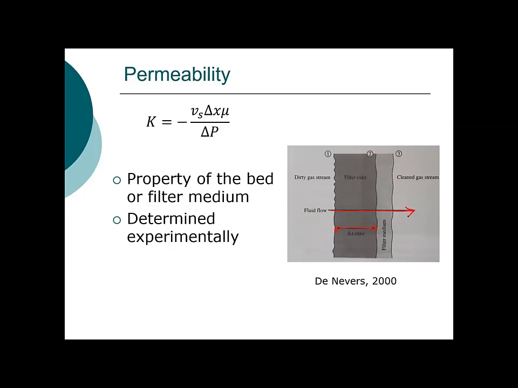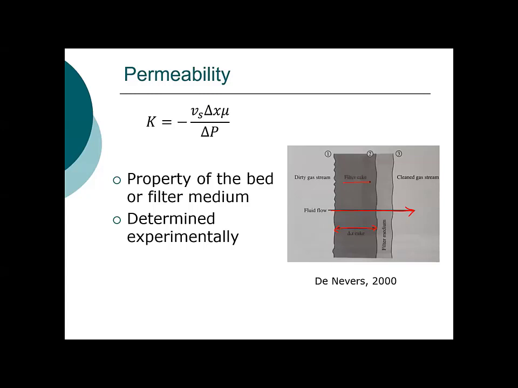So what we form is what is referred to as a filter cake. And it's going to increase in thickness as a function of time or as a function of dust loading onto the filter. At some point, the pressure drop becomes so great that we can no longer get gas to flow through. So at that point, we would shut off the filter and then clean it.